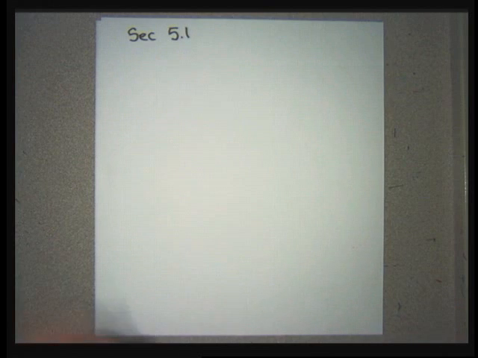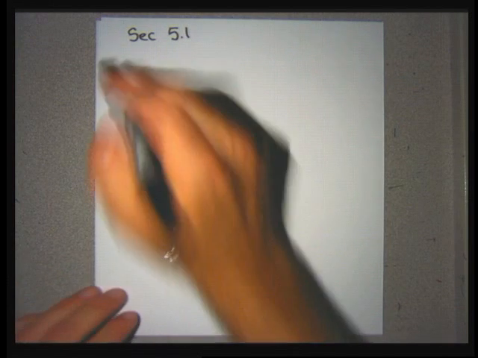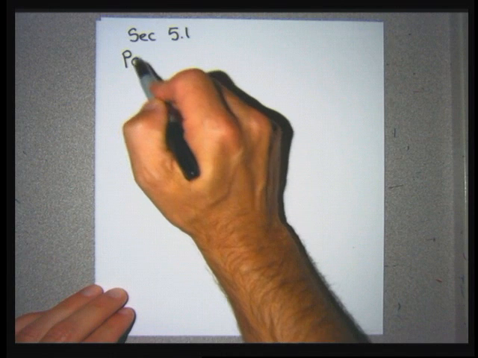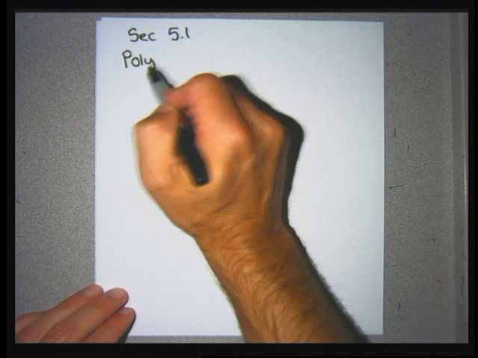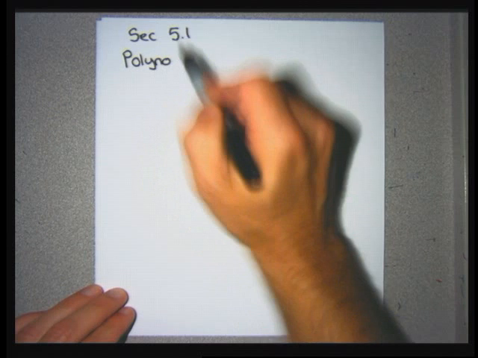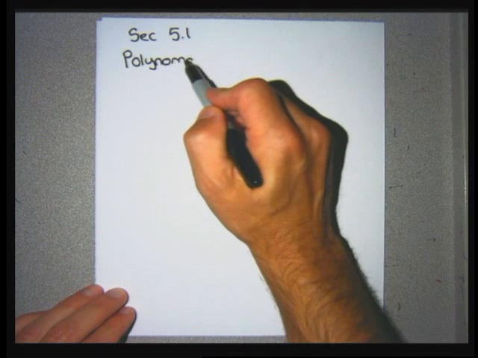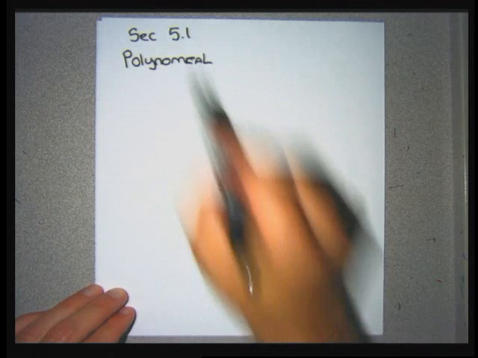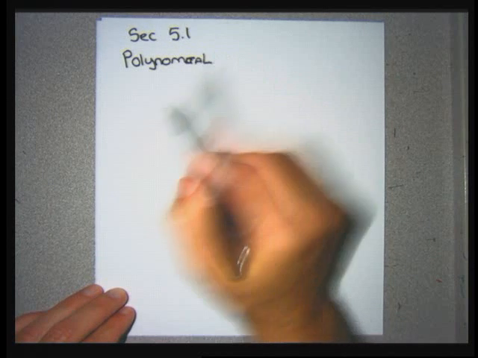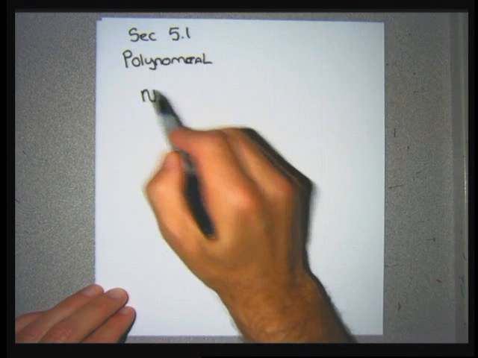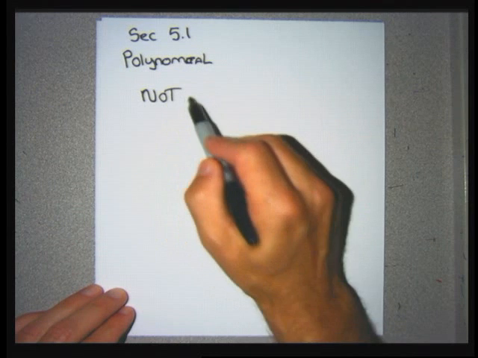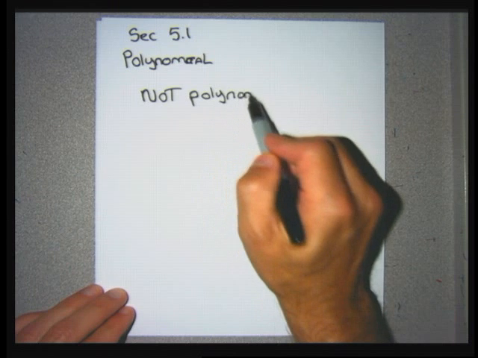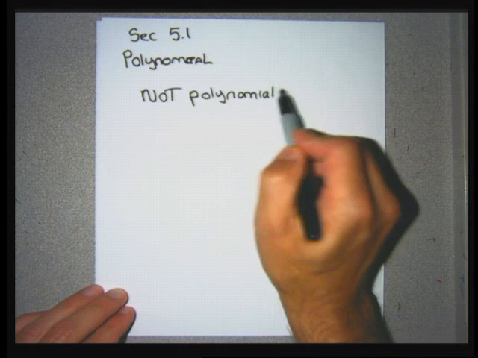So in section 5.1, we're going to look at the graphs of polynomials, and it's not a deal breaker if you don't know exactly what a polynomial is. Let me give you an example of things that are not polynomials, and then I'll show a few polynomials.